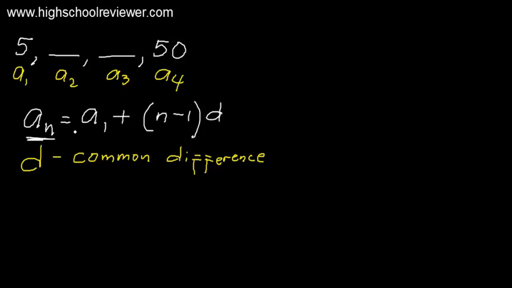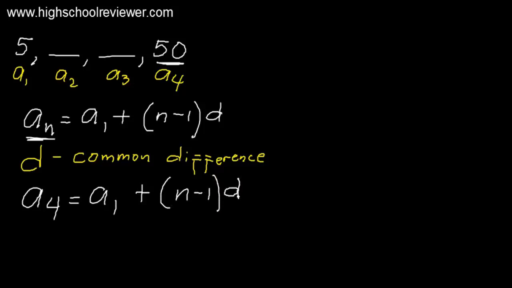So a sub n, let us use a sub 4 since we have the value for a sub 4. So this will be a sub 4 equals a sub 1 plus n minus 1 multiplied by d.